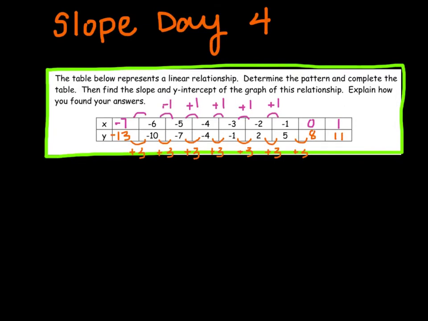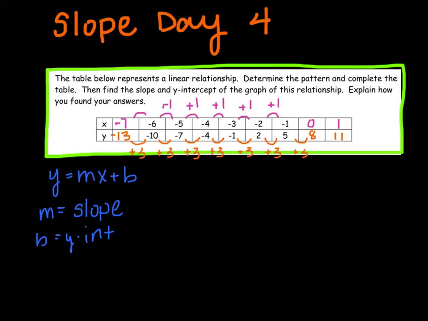Now, the whole point of doing this is that we put it in the form y equals mx plus b. That's our end goal. And remember, in this form, m is our slope, and b is our y-intercept. Both of those numbers are very important when we come to graphing. So we want to be able to identify our m and our b. We find slope by looking at the change in y over the change in x.